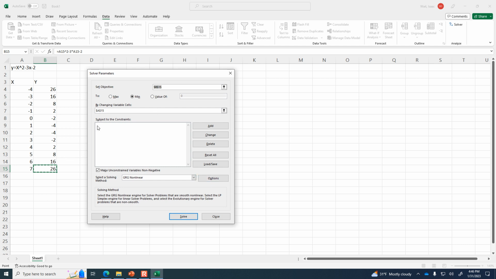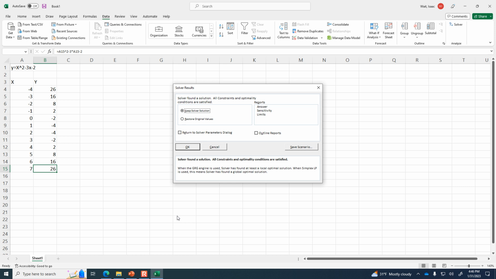What we're just doing is we're saying we want this last y value to be minimized, and we're going to give it permission to change what's in A15. So when you click solve, it played around with it, and it found that 1.5 is the x value that gives us the lowest y value.